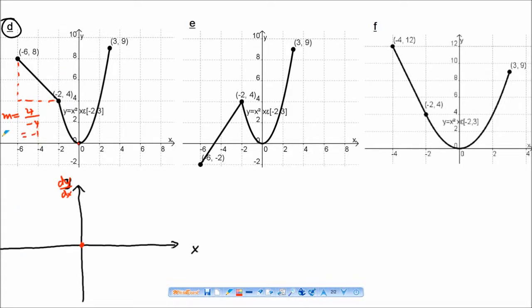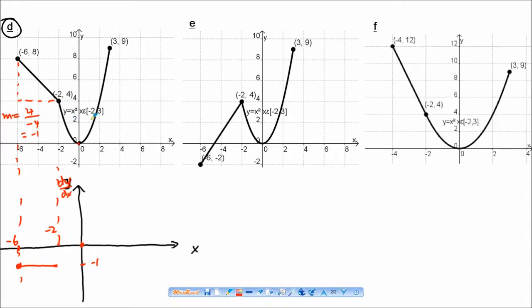So for this part, from -6 to -2, the gradient is -1.